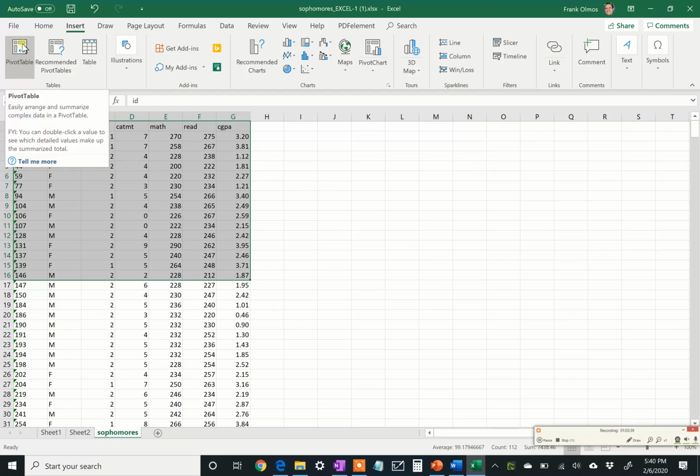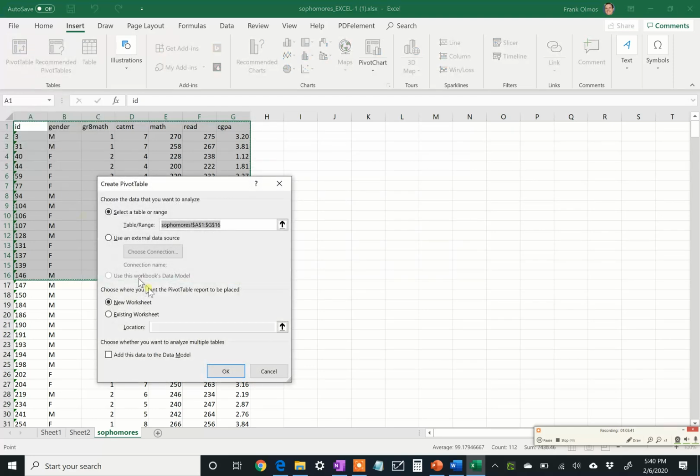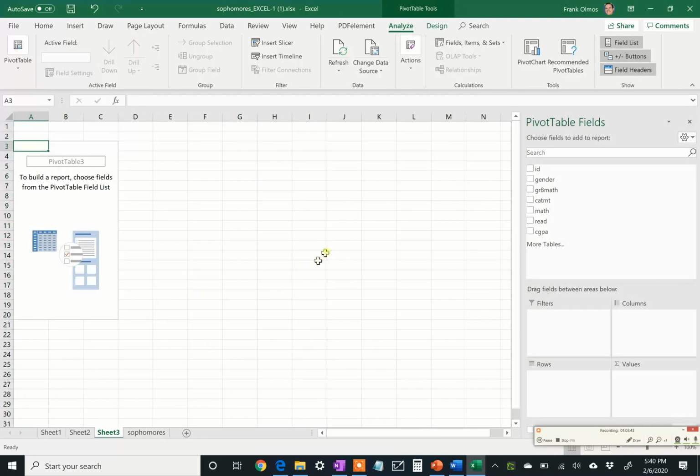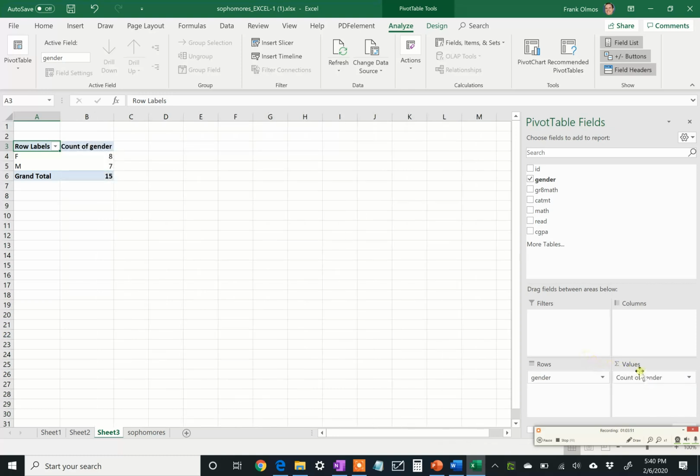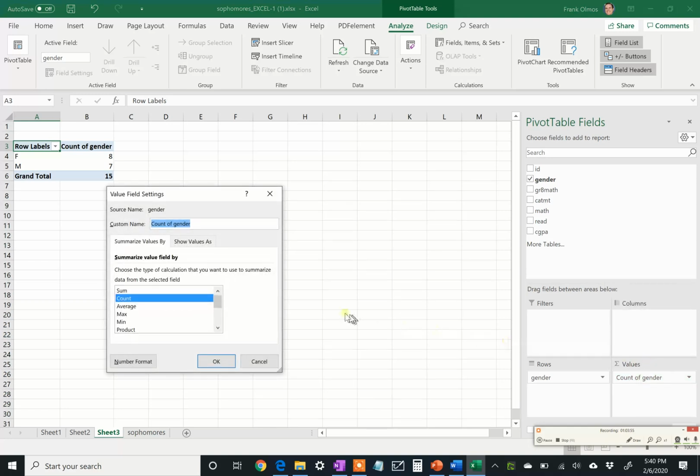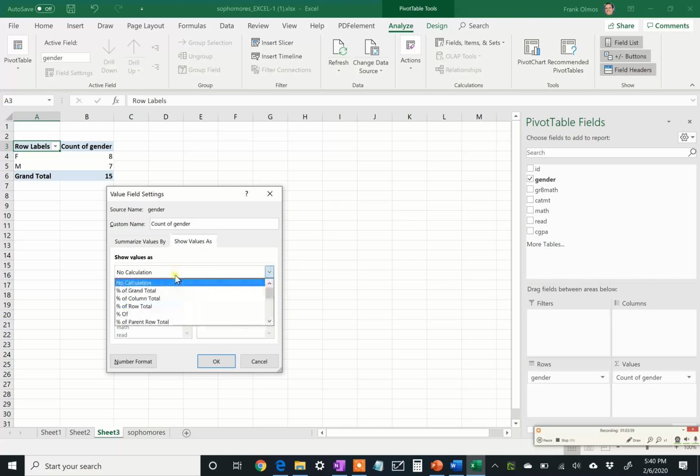But you still have to do percentages anyway. So gender, then you drag gender on values, then you get value field settings. I think it's percentage of grand total.